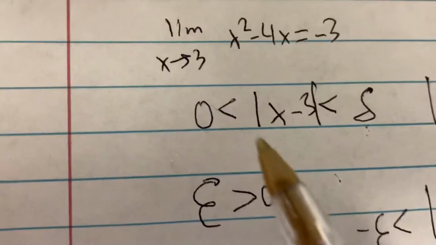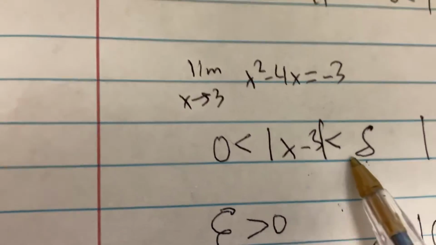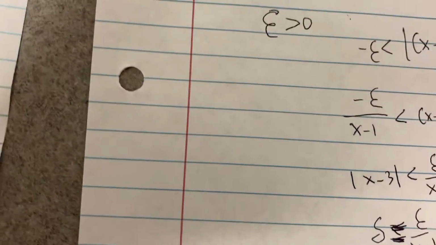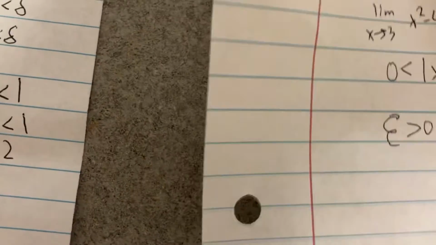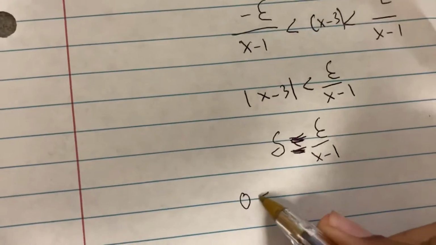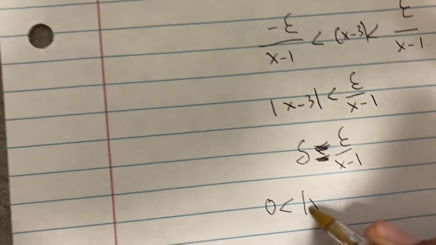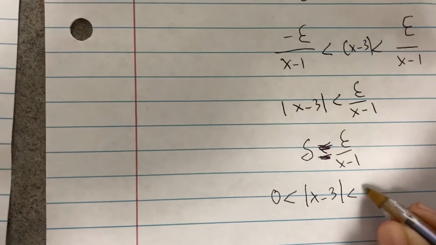And that is because here, that x minus 3 is less than this, and this is the same thing for here. So obviously they're equal. So basically we chose what the delta equals. So we basically just have to keep assuming that this x minus 3 is less than that.